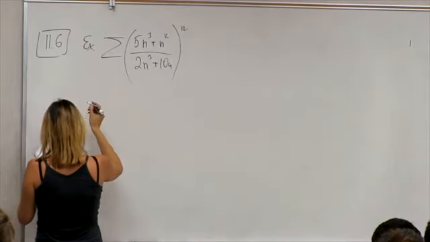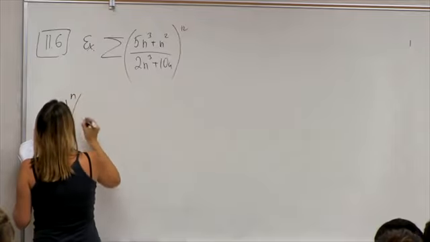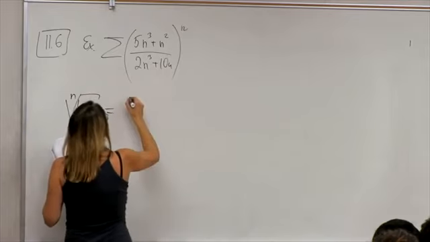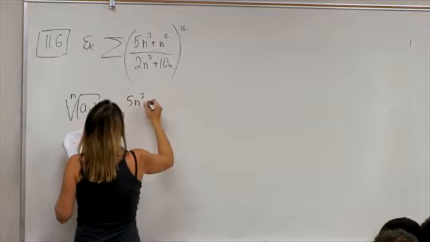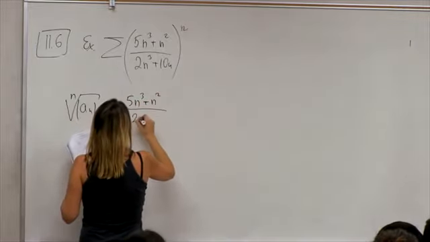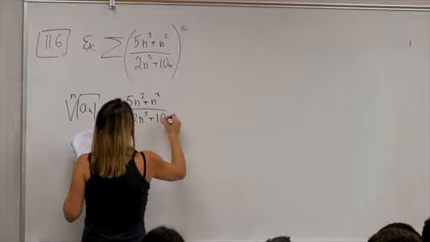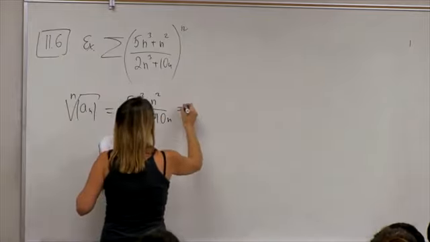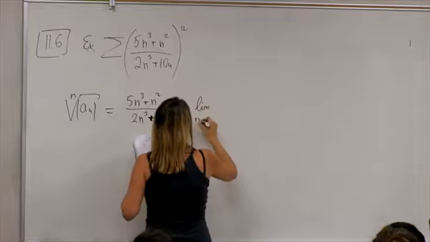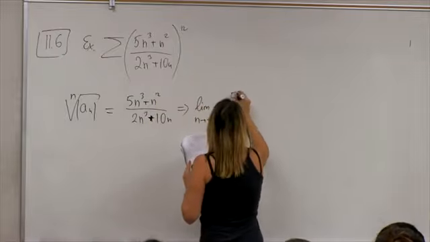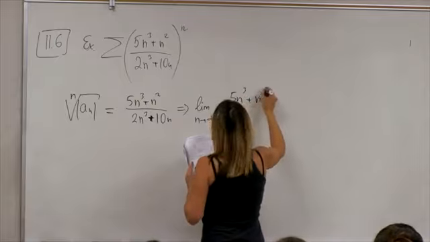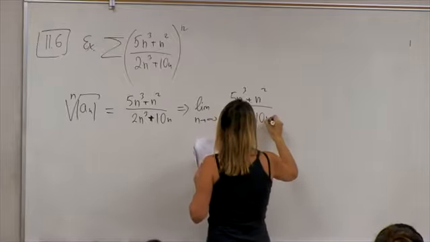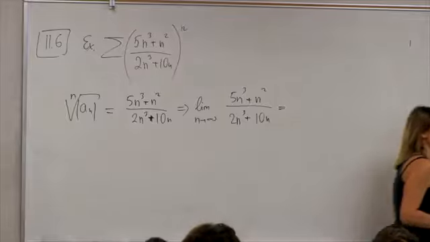So we consider the nth root of the absolute value. This is 5n cubed plus n squared over 2n cubed plus 10n. So this is the expression whose limit we have to calculate. So what do we do to calculate this limit?